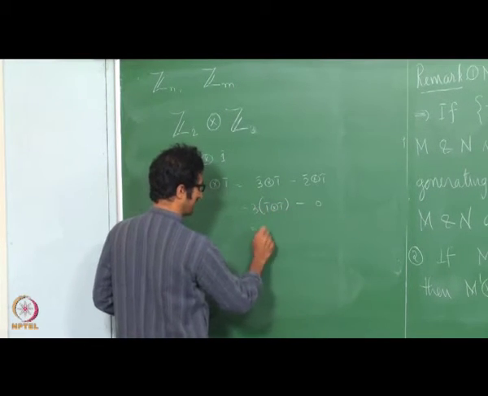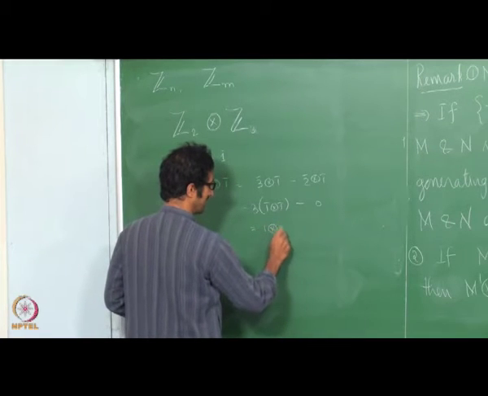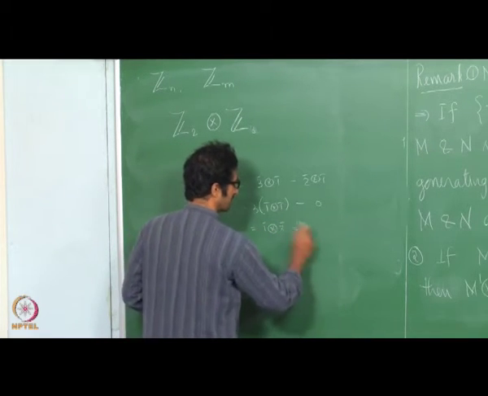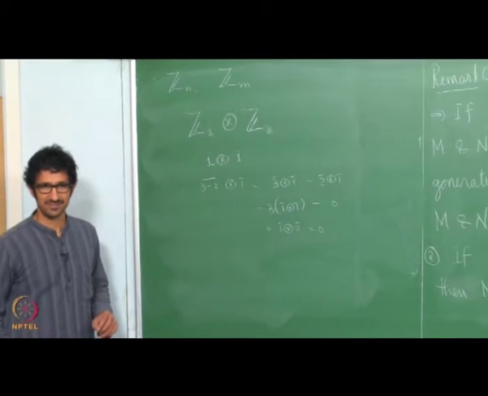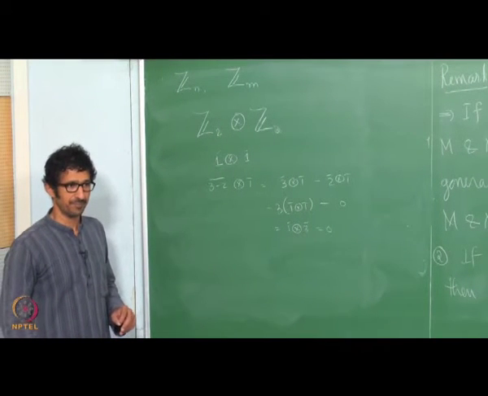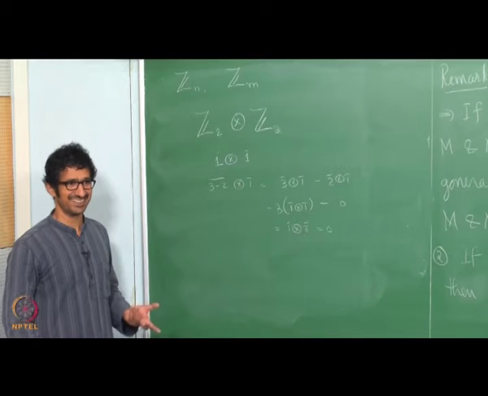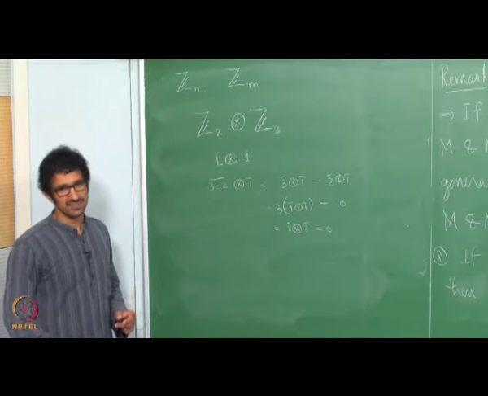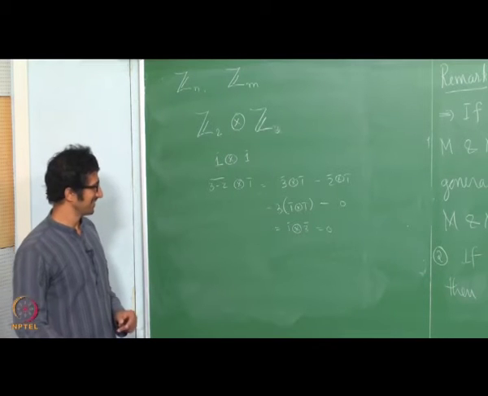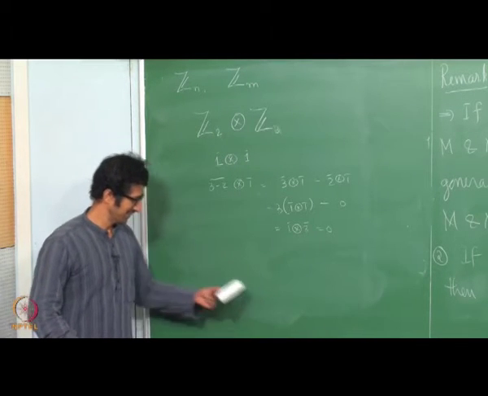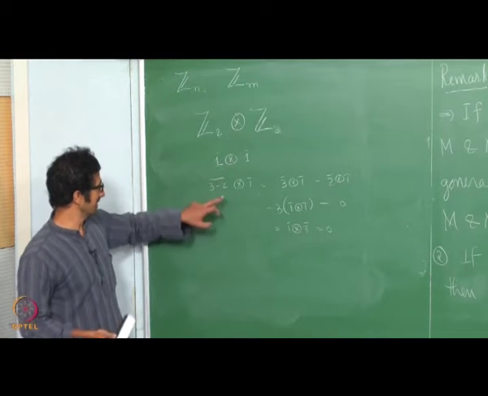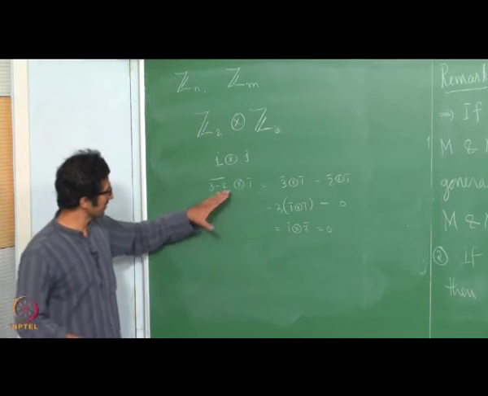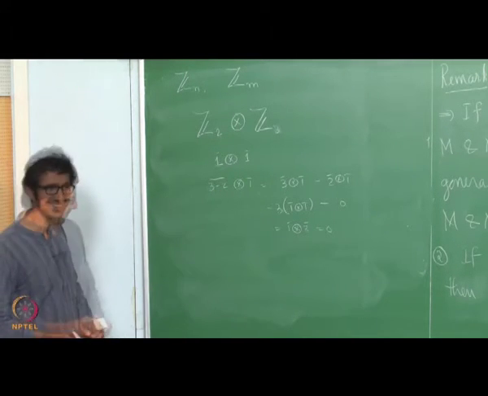But this I can send to the other side and say that it is also 0. You could have directly written 1 bar tensor 1 bar as 3 bar tensor 1 bar. Yes. Okay, I wrote this because of what comes now.